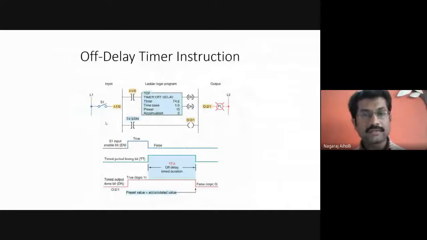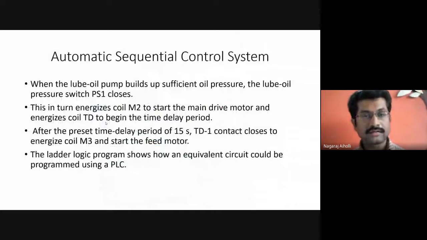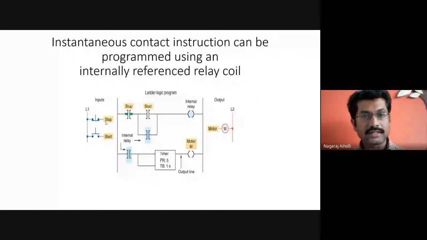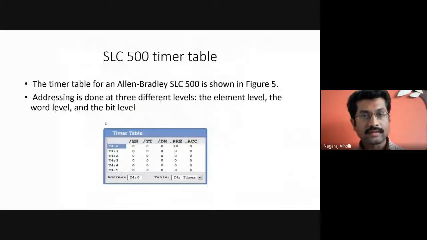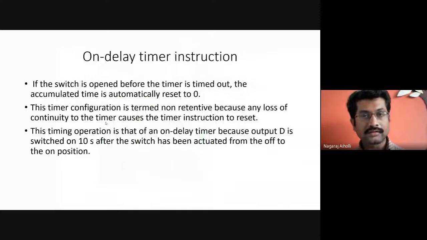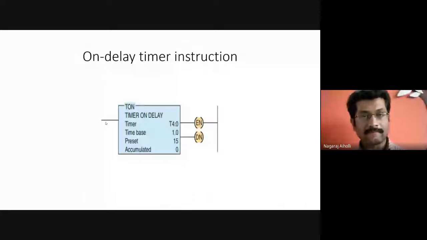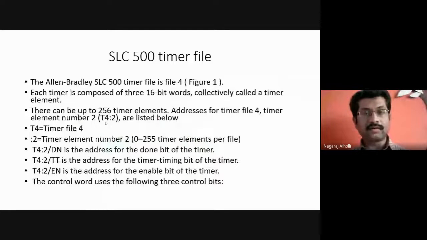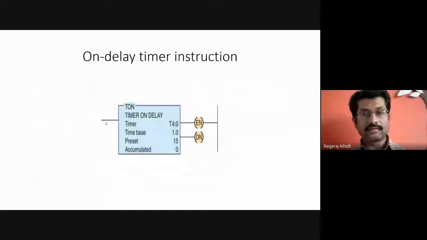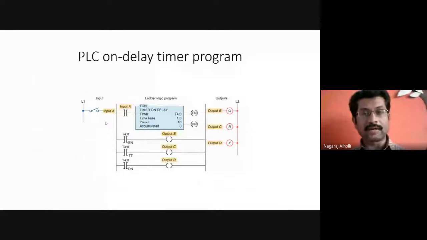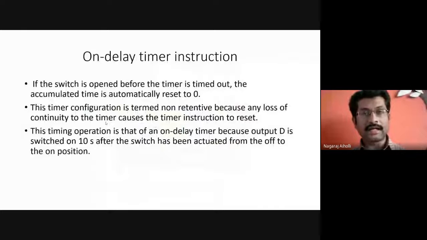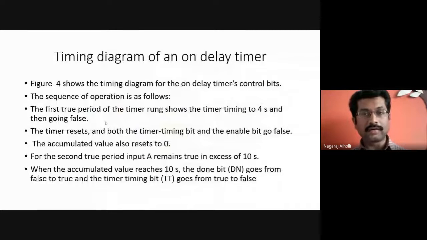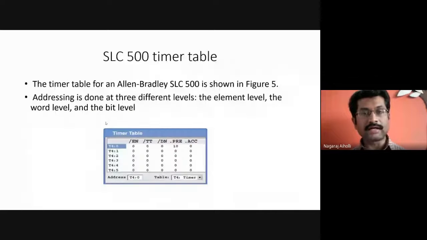In today's class, students, let us have a recap of what we discussed. We started with the SLC finite timer file. We looked at its structure. Then we covered the on delay timer instruction, the PLC on delay timer program, and the timing diagram of an on delay timer, an important one. Then the SLC finite timer table and the instantaneous contact instruction.